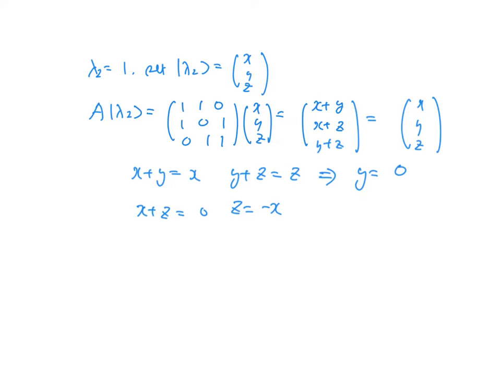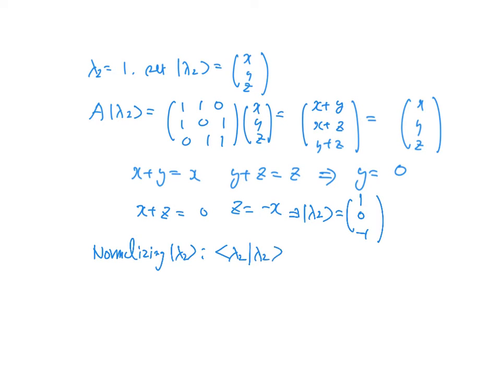So we can tentatively set lambda 2 as 1, 0, minus 1. So normalize lambda 2 means the norm of 1, 0, minus 1 is square root of 2, right?